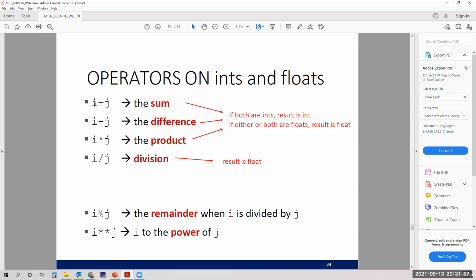If I is an integer and j is a float, Python will make the answer a float by default. So it depends on how I define I and j. But only in division, whatever I define them as, Python will choose the answer to be of the float type. Okay, clear? Yeah, clear. Questions?